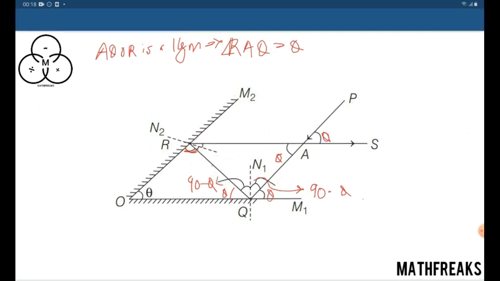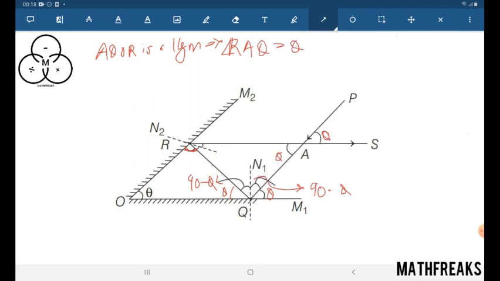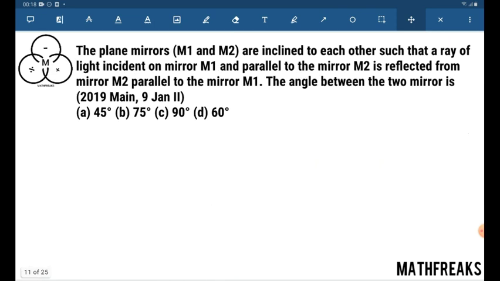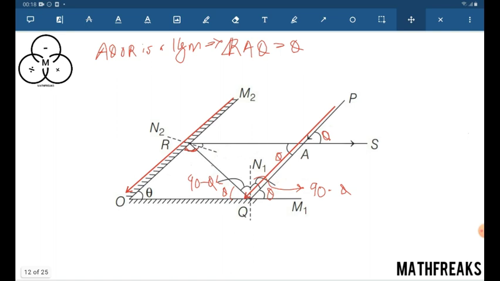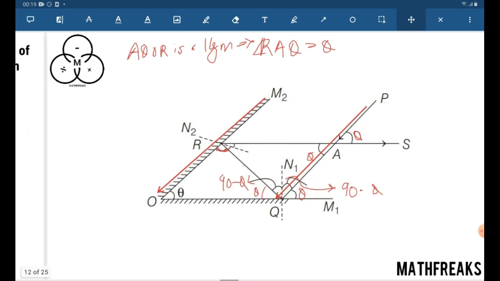Since this line is parallel to this line, is it given or not? PQ are inclined to each other such that a ray of light incident on the mirror M1 which is parallel to the mirror M2 is reflected from the mirror M2, parallel to M1.